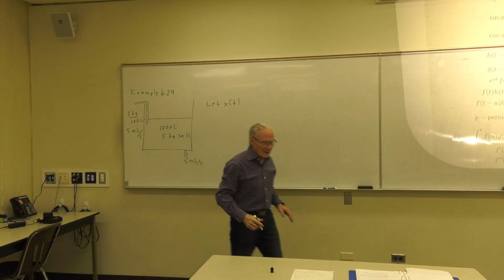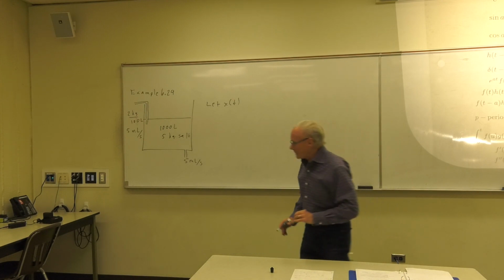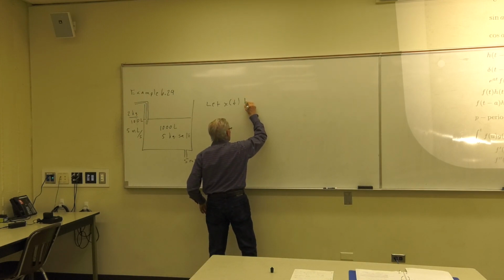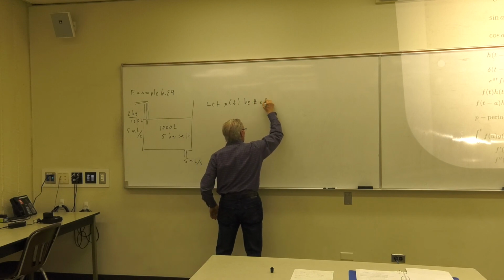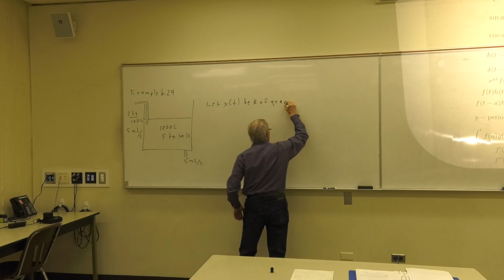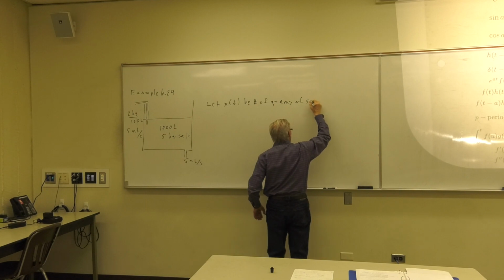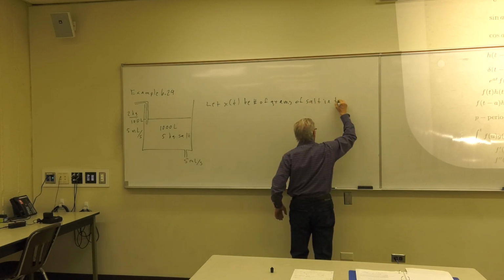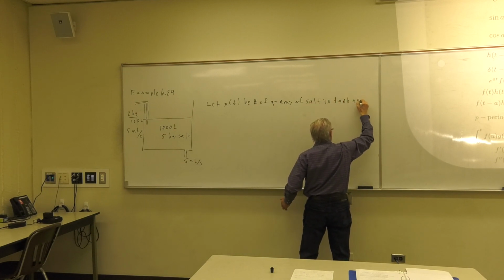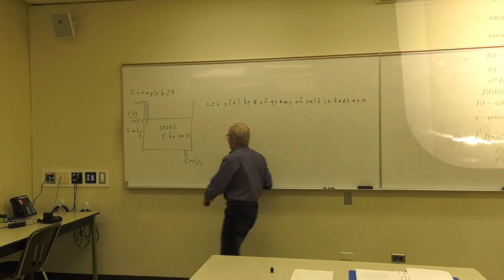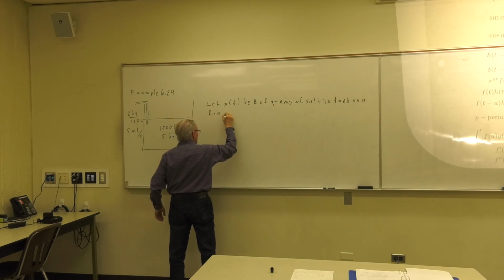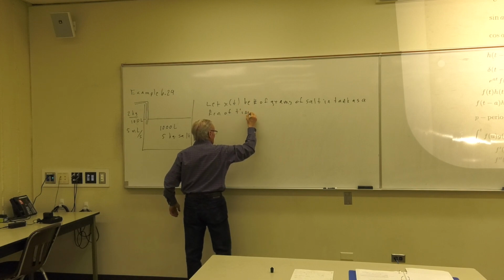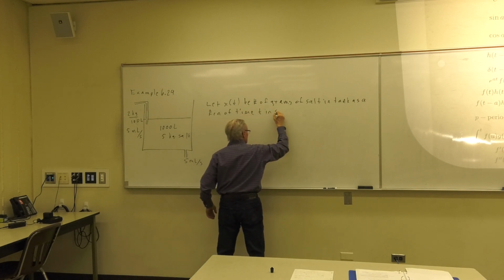Did I use X of t in the book? I did. All right, so let's do that. Let X of t be the number of grams of salt in the tank as a function of time t in seconds.